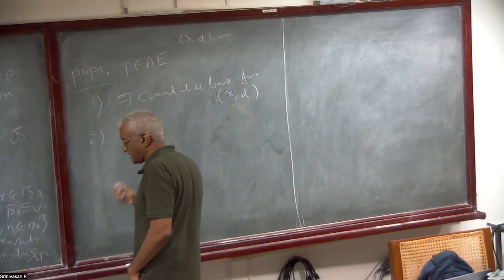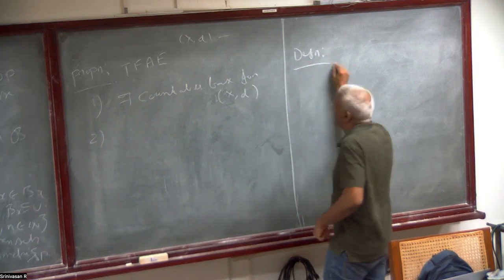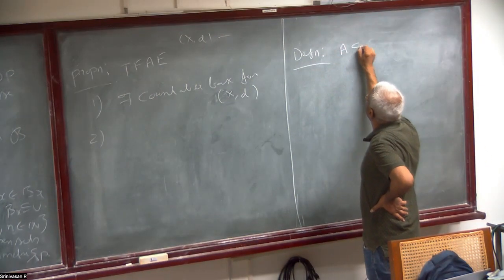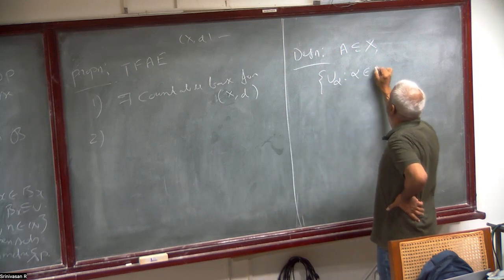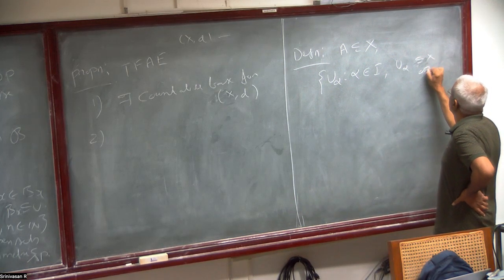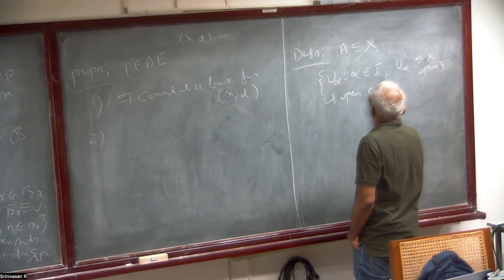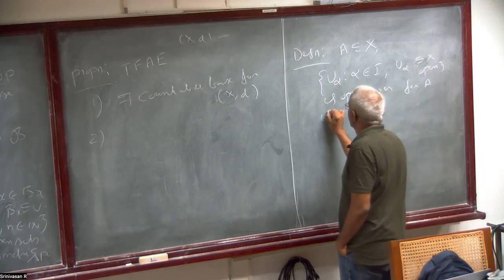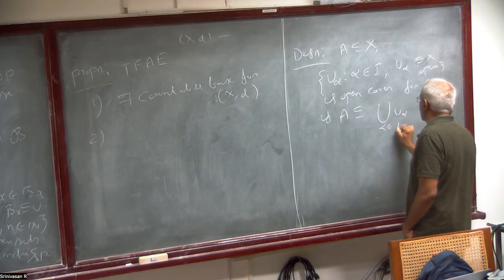Two. What I forgot to define is the following, which you must be knowing already. If you have a subset A contained in X, then {U_alpha}, alpha in some set I, with U_alpha contained in X open, is an open cover of A if A is contained in the union of U_alpha over alpha in I. That's all.